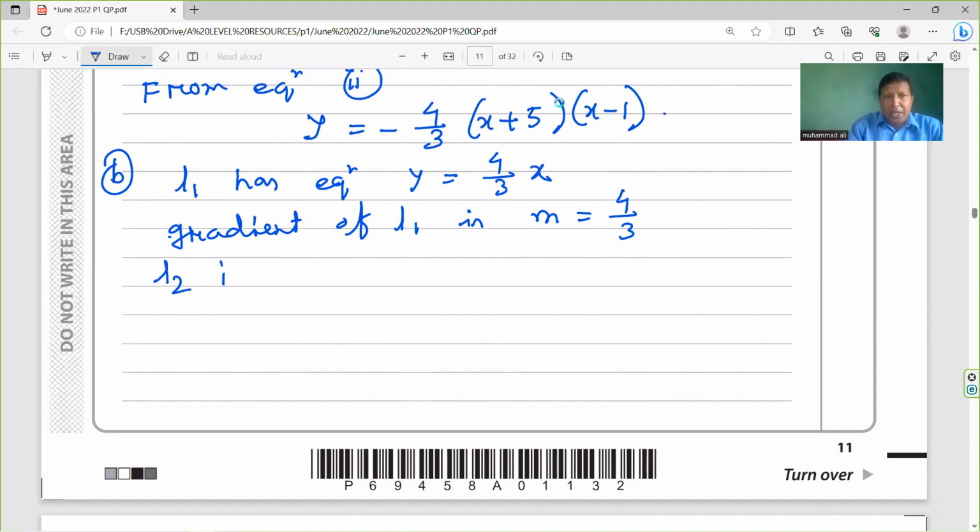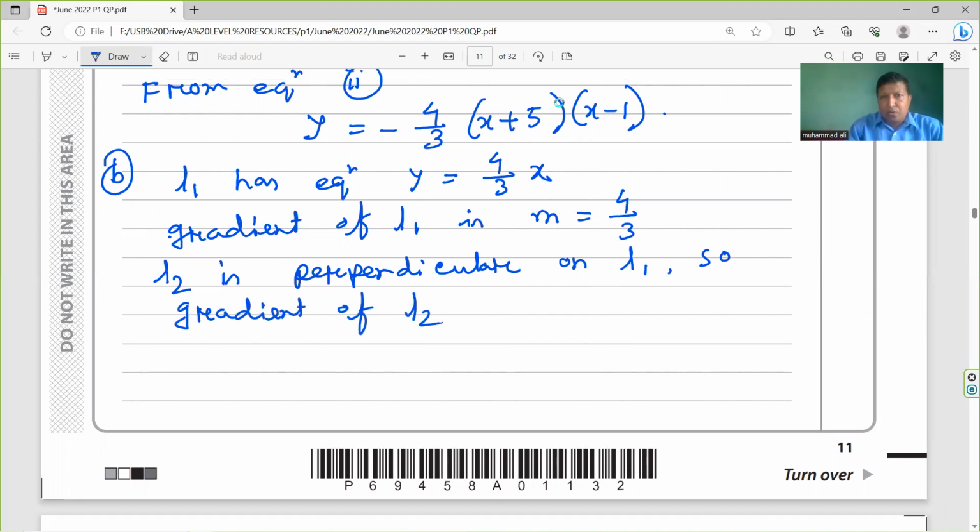L2 line is perpendicular to L1, so the gradient of L2 is m2 equals minus 3/4.